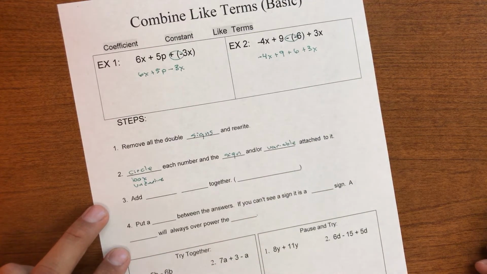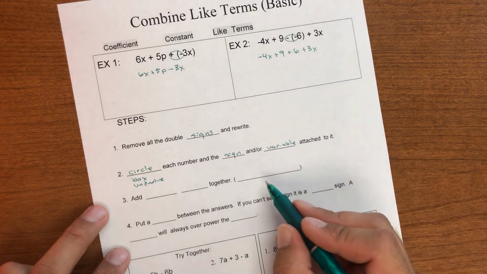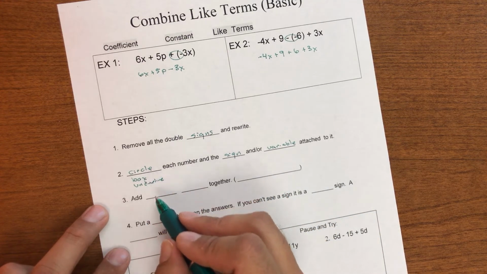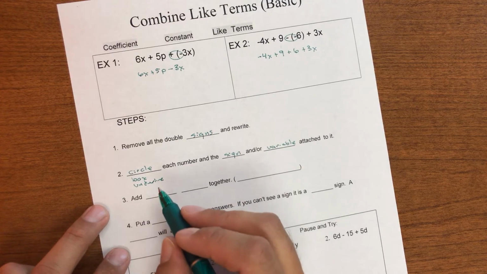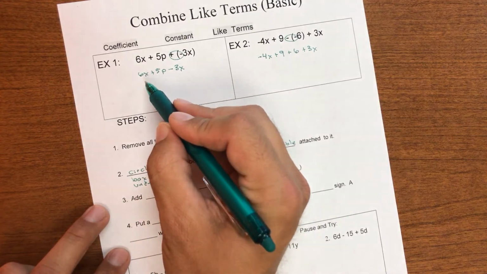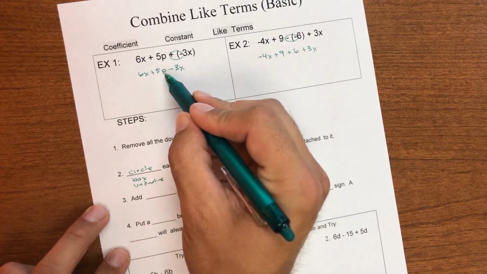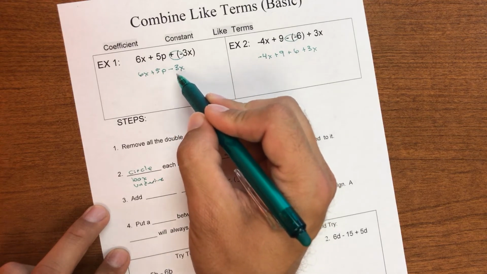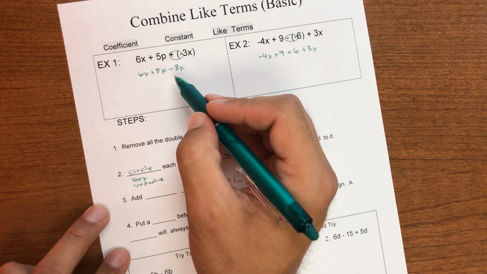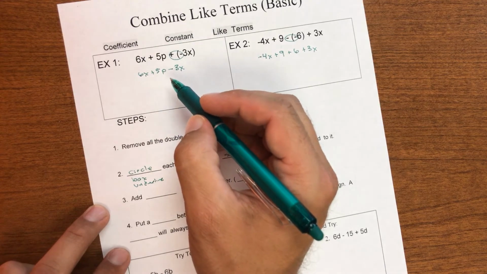Okay, so if it has a sign, we're going to circle it as well. If it has a variable, we're going to circle that as well. But the reason I put circle, box, and underline is because in this problem, I've got x's, I have p's, and I have x's. I don't want to circle everything the same. I kind of want to keep my like terms one way and my unlike terms another way.